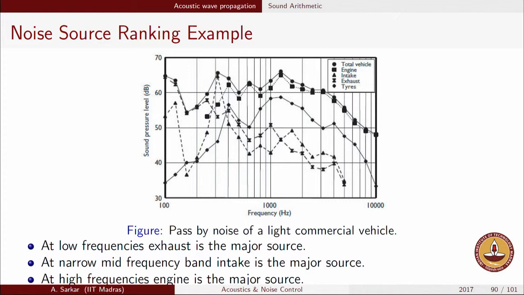For example, in the low frequency zone between 100 to 300, 400 possibly, what you see is the exhaust noise, which is shown in dotted lines with a marker that looks like an hourglass, and that is contributing to the total vehicle noise. So if you wish to get any reduction of the low frequency noise, then one has to target the exhaust, possibly design better mufflers. Similarly, the intake noise has a peak at a single frequency.